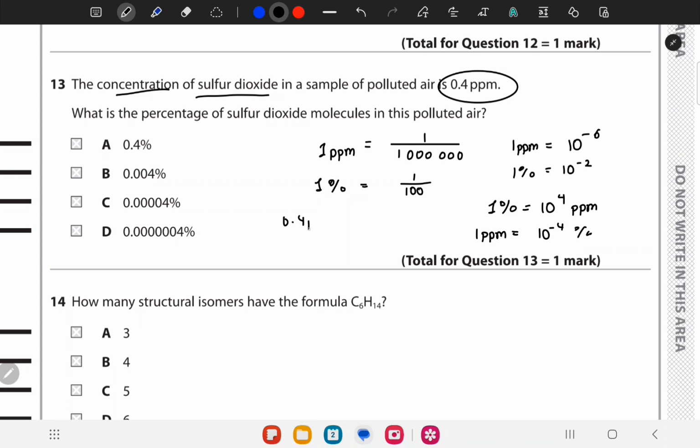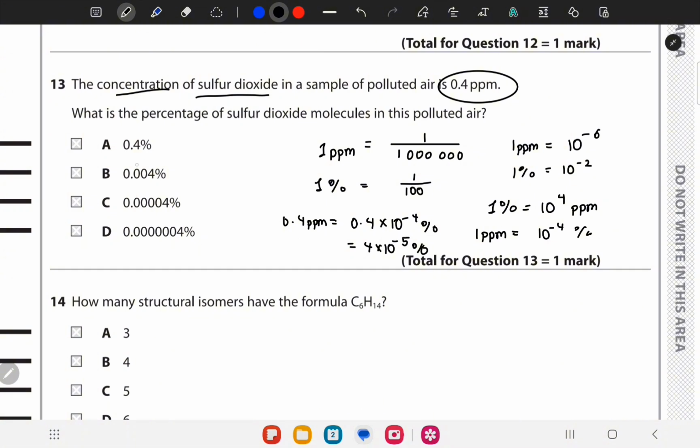So 0.4 ppm will be 0.4 into 10 to the power minus 4 percentage. So we'll have 4 into 10 to the power minus 3%. This will be 4 into 10 to the power minus 5.